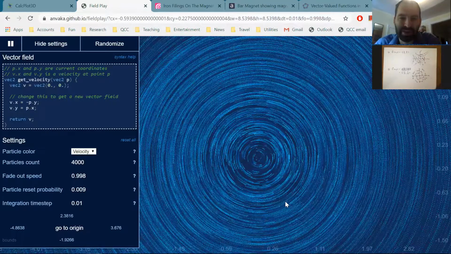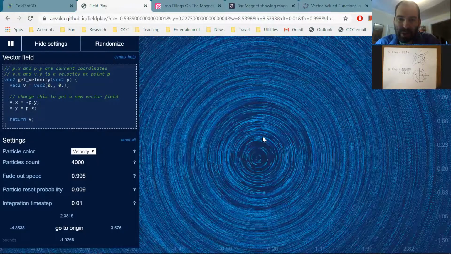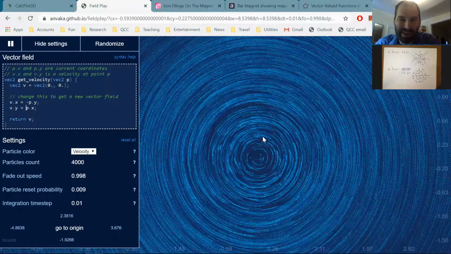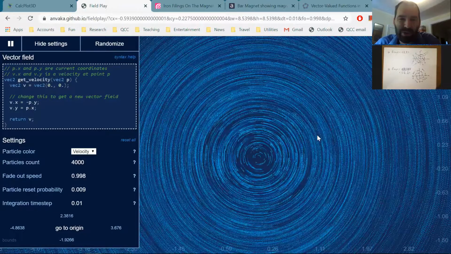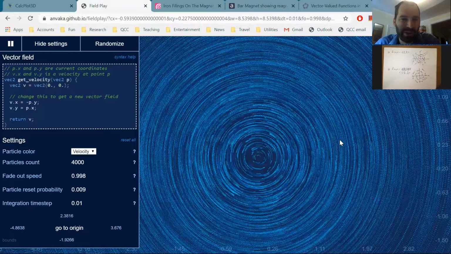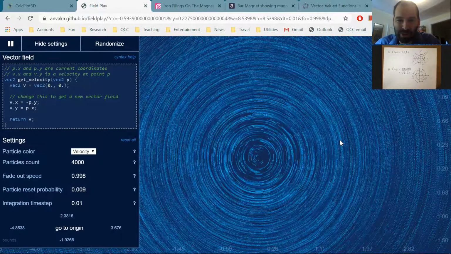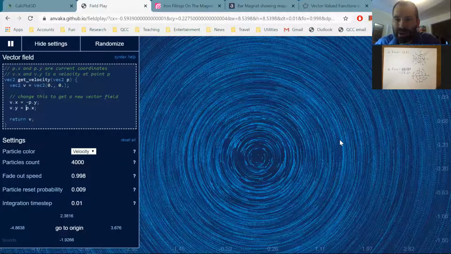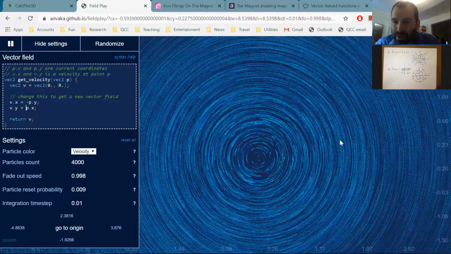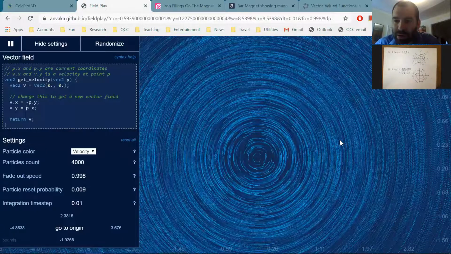And he's got this program here that will show you the fluid flow corresponding to a vector field. So this is the vector field we were just looking at. And what it's doing is showing you the flow of what a fluid would look like.